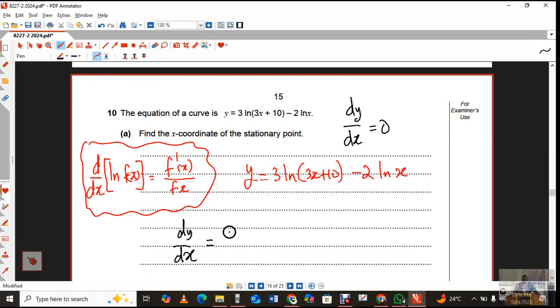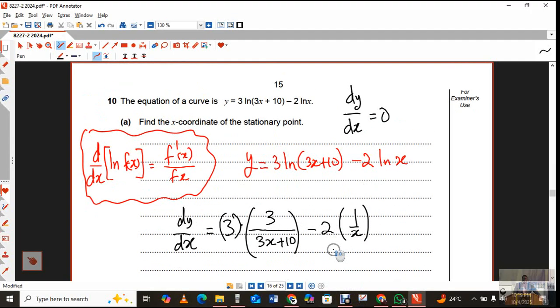is equal to 3 times the derivative of the stuff inside. What is the derivative of the stuff inside? It's just going to be 3 all over 3x plus 10, okay, so this multiplies together, minus 2 times the derivative of that, which is 1 over x.